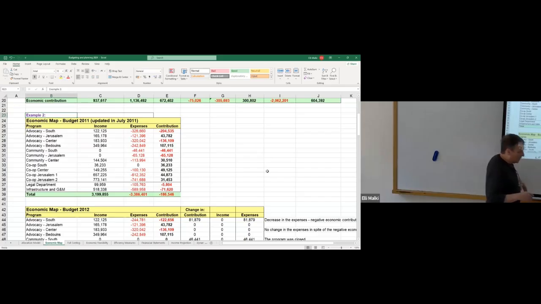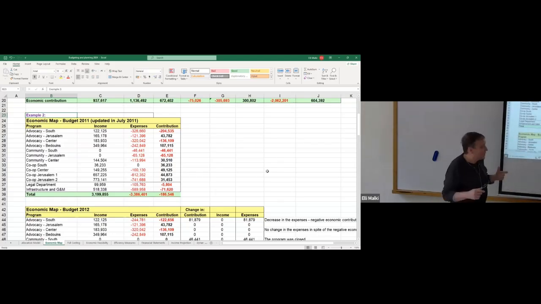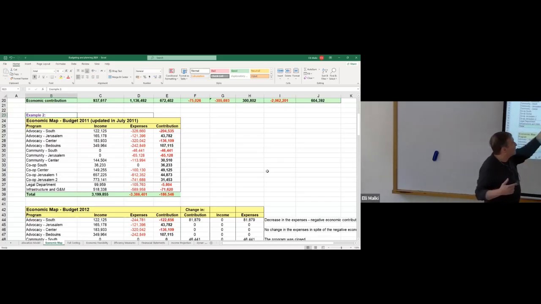And one last thing, which is again important, it's technical, but if you don't get it right, you'll make mistakes. The sign.